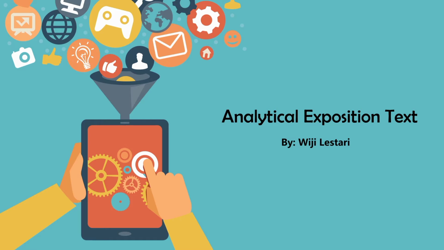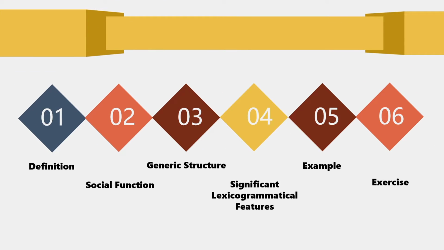The title of the material is Analytical Exposition Text. I will explain 6 points about an analytical exposition text. Number 1 is definition. Number 2 is social function.